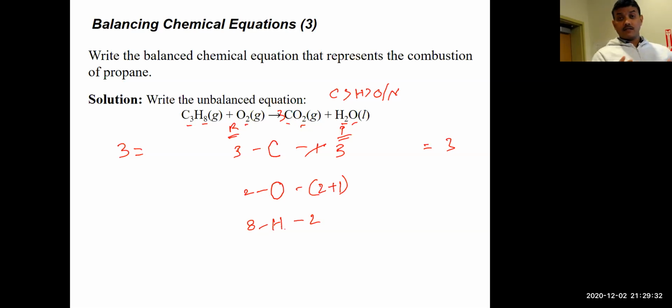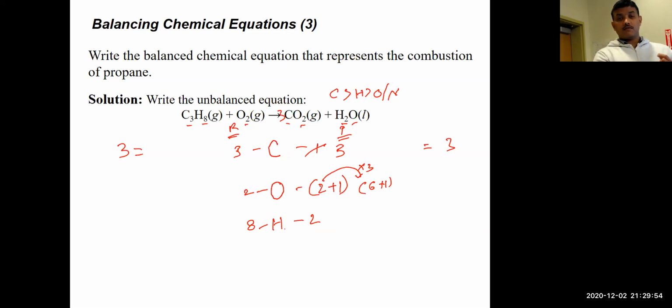It does not just affect the number of carbons, it also affects the number of oxygens there. So the 2 oxygens in 1 CO2 is now going to change, if I multiply by the 3, to 6 plus 1, right?